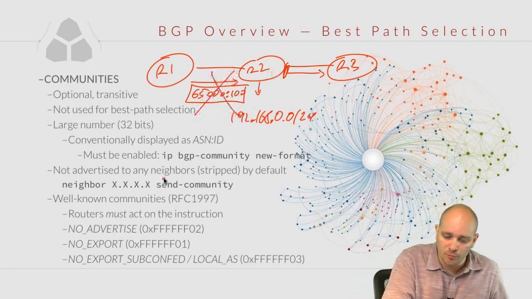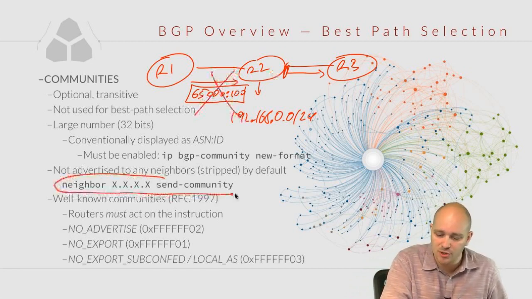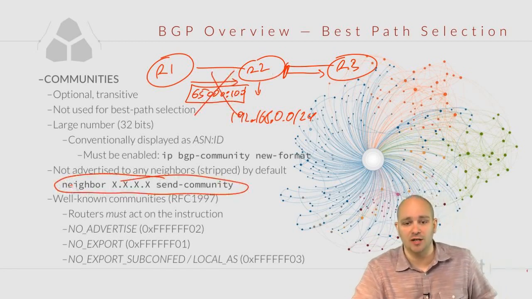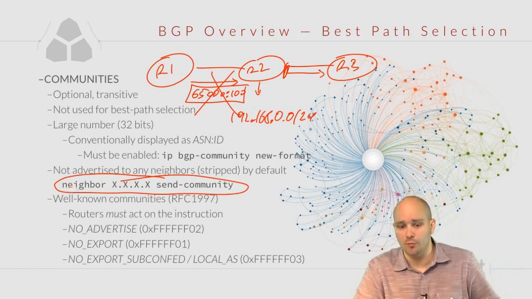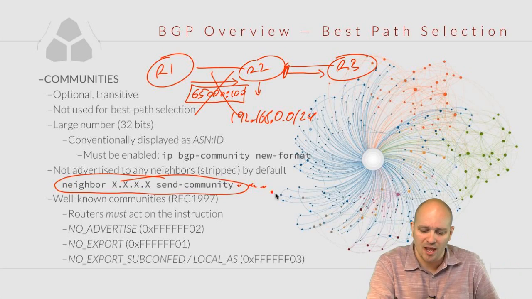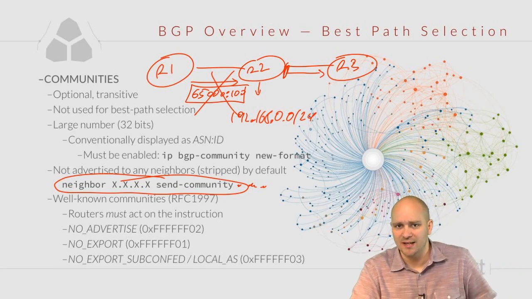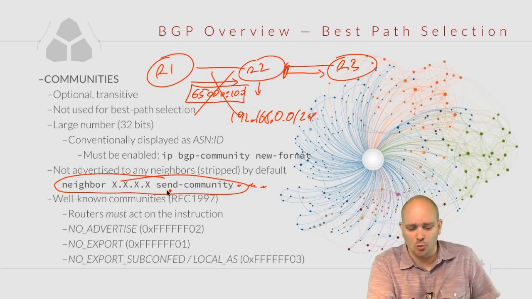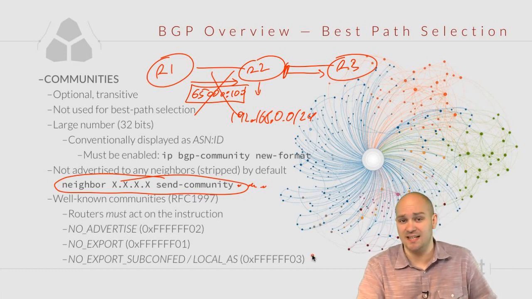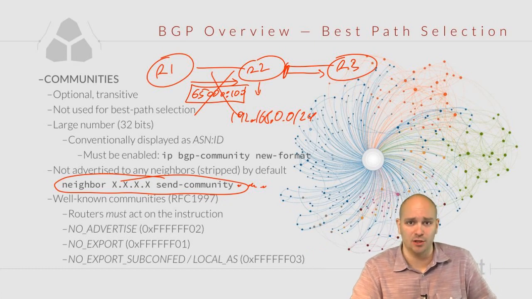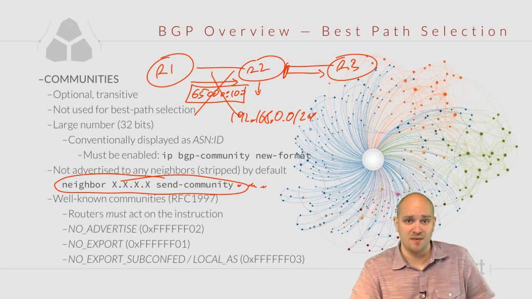If you want to use the communities and you want to advertise them to neighbors, what you need to do is configure the neighbors with neighbor, whatever the address of the neighbor is, send-community. There are some sub options here, but I'm not going to talk about them now. They are a little bit advanced. So all you have to know at this moment is that there are so-called standard communities and extended communities, and extended communities are communities that are mostly used for MPLS VPNs.